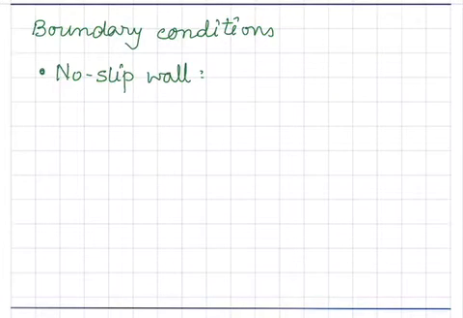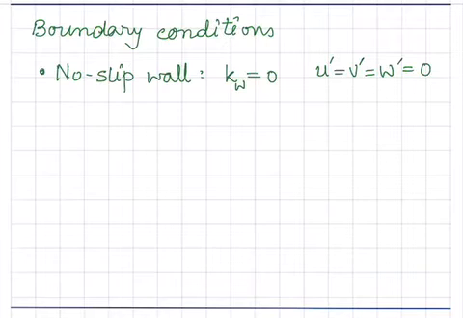It's kind of easy to see that k, which is defined in terms of velocity fluctuations u prime, v prime, and w prime, at the no-slip wall, velocity goes to 0. The same is true for velocity fluctuations. U prime, v prime, w prime are all 0. So k is 0 at a no-slip wall, k_w.